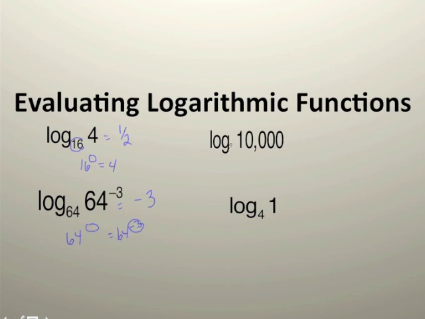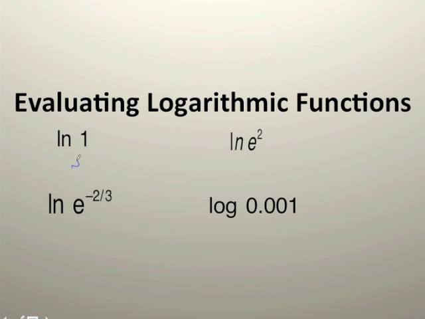Now remember, this means base 10. What power do I raise 10 to get 10,000? We just find that by counting the number of zeros, so it's 10 to the 4th. What power do I raise 4 to get 1? To get 1, the power is always 0.